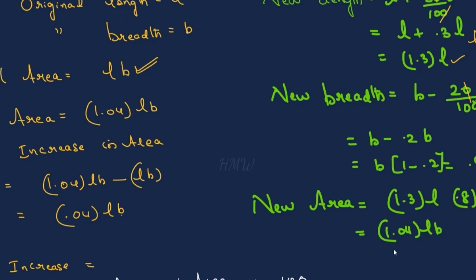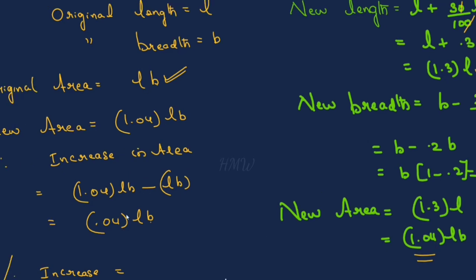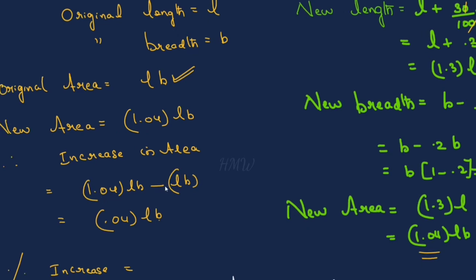That means the area is increased. So what is the increase in area? The new area minus the original area. So 1.04 LB minus LB, that is 1.04 minus 1 into LB.